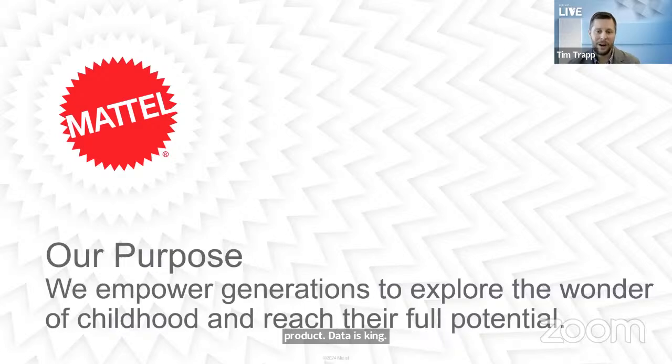We must continue to evolve our tools and our people to leverage contemporary tools. And we will continue to embrace tools like AI and machine learning to constantly be improving. At Mattel, we're delivering high quality products, and we will embrace empowering generations to explore the wonder of childhood and reach their full potential. Thank you so much for listening to me.